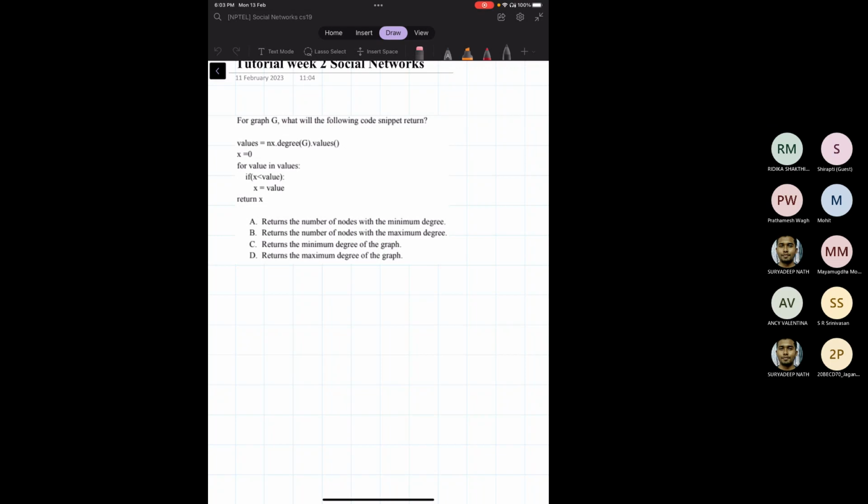This first statement, call it line 1. What it does is values is equal to nx.degree(G). G is the given graph, and what you are taking is the values of the graph.